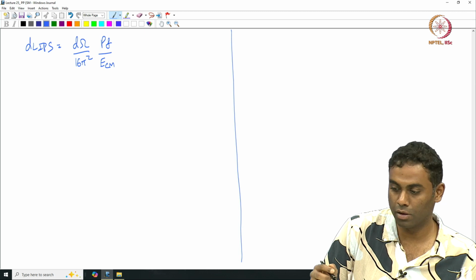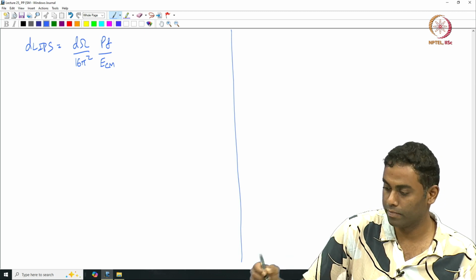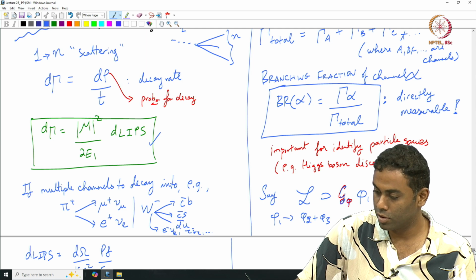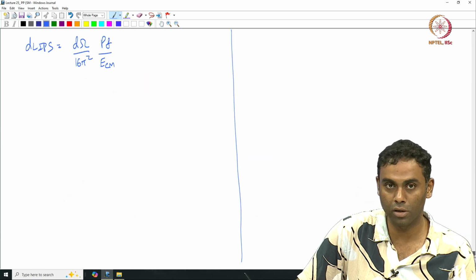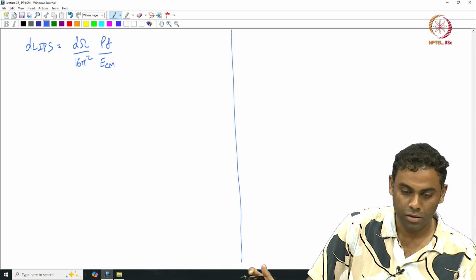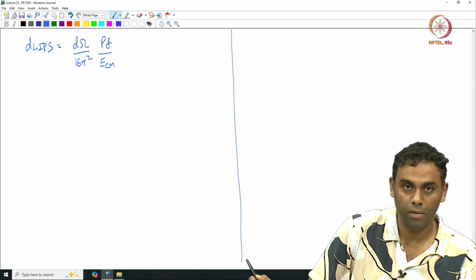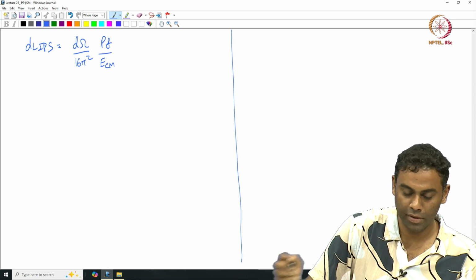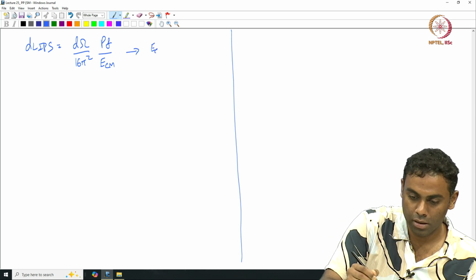We can now think of the rest frame of the mother particle, so that in the final state both the daughters have the same momentum. So what is ECM now?